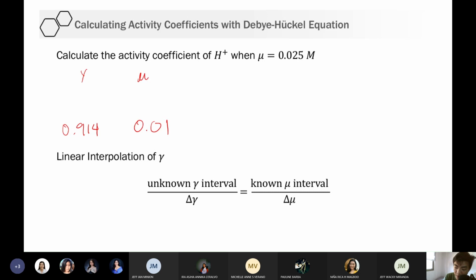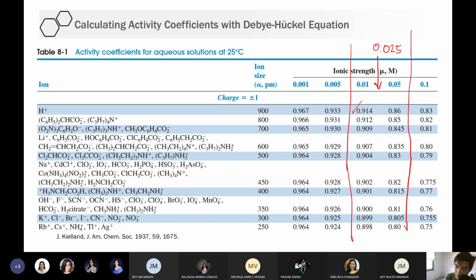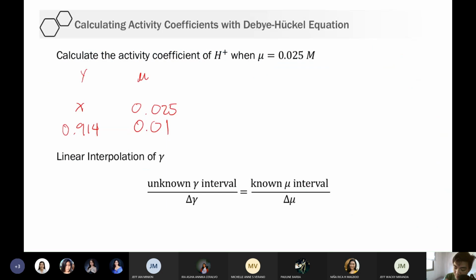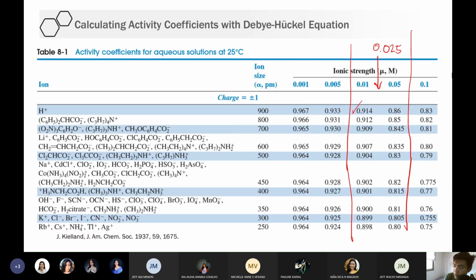And then we have our unknown. I don't know what the gamma value is, so we're going to solve for that. And then the highest range is 0.05, and the corresponding gamma value at 0.05 is 0.86.